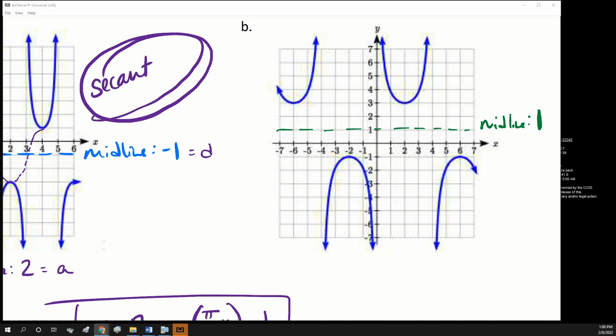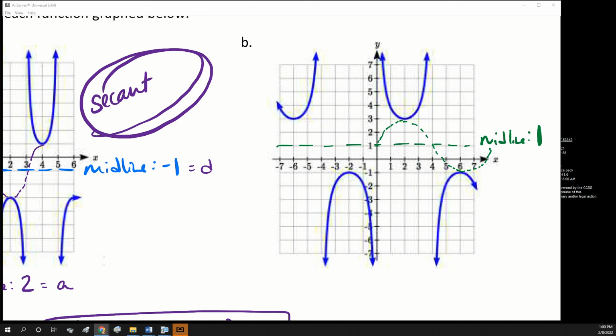So the reason we don't is because we would be starting at that midline and then curving up to a maximum, down to a minimum. And then this one doesn't finish off the period, so I'm just going to kind of continue it out there. So this time, that little dashed line looks like a sine curve. So this should be cosecant.